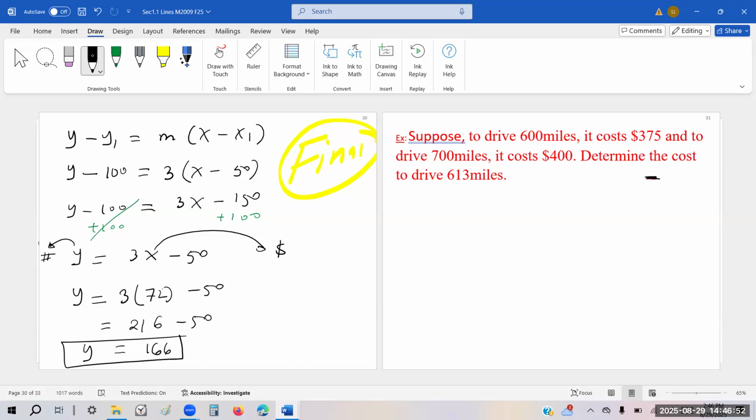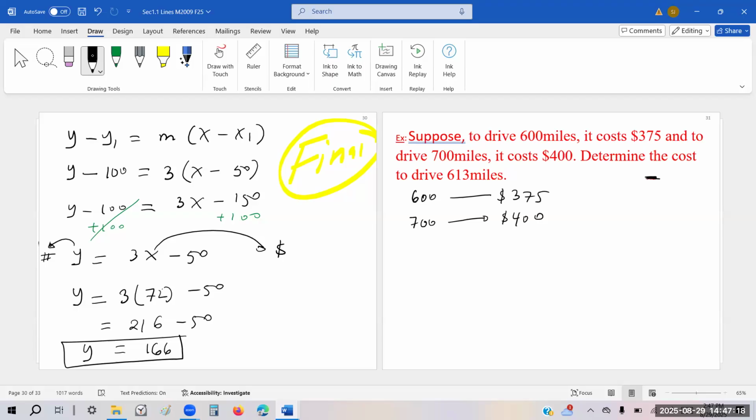So what information do we know? 600 miles takes $375, but 700 miles takes $400.